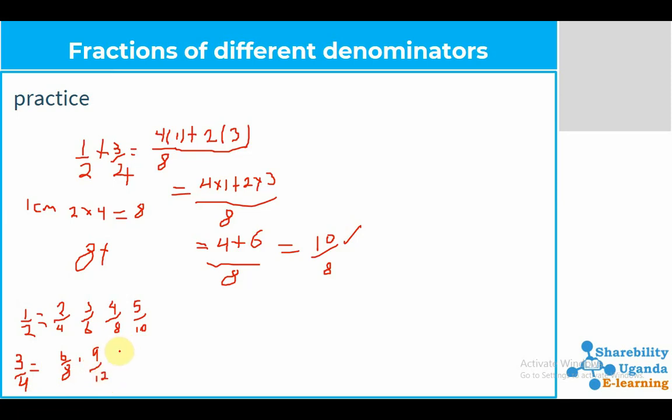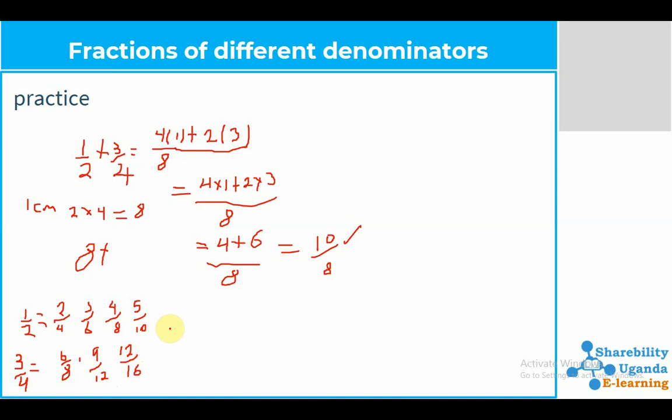Another one is going to be 12 out of 16.